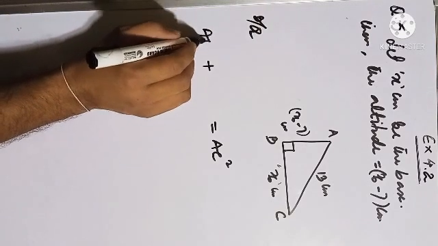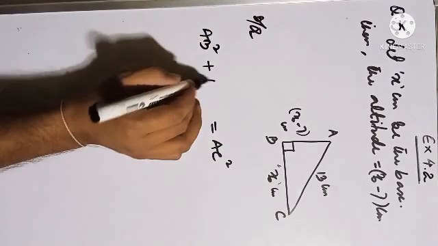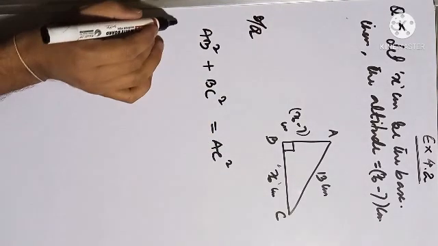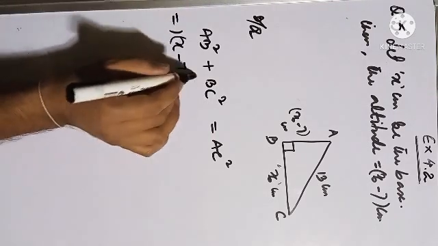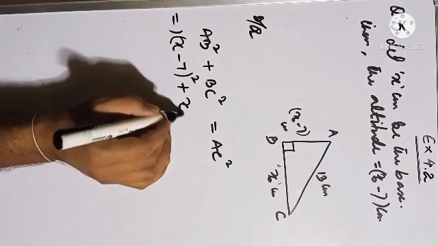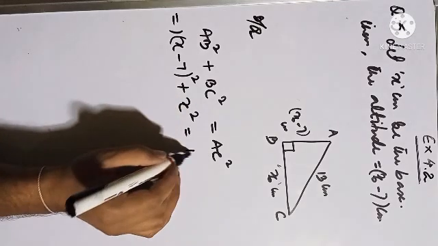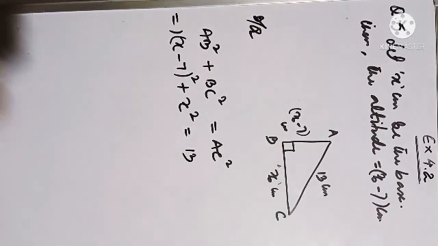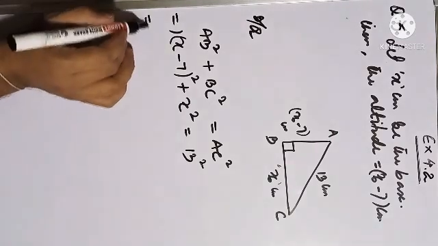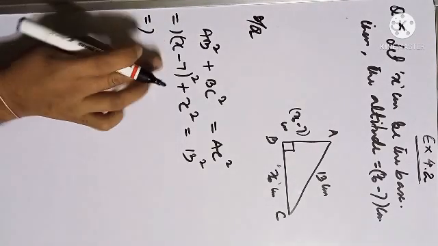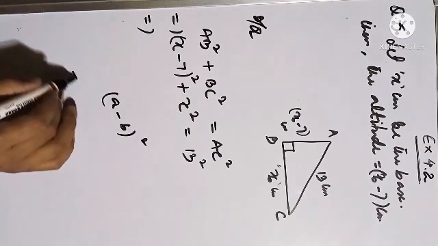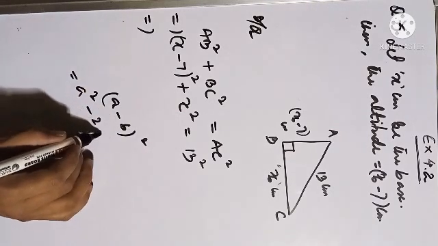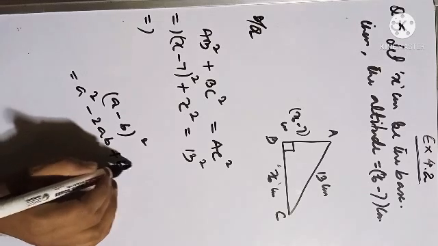So AB square plus BC square. Here AB means x minus 7 whole square, BC means x, and AC means 13, then square. This is in the form of A minus B whole square, which is equal to A square minus twice AB plus B square.